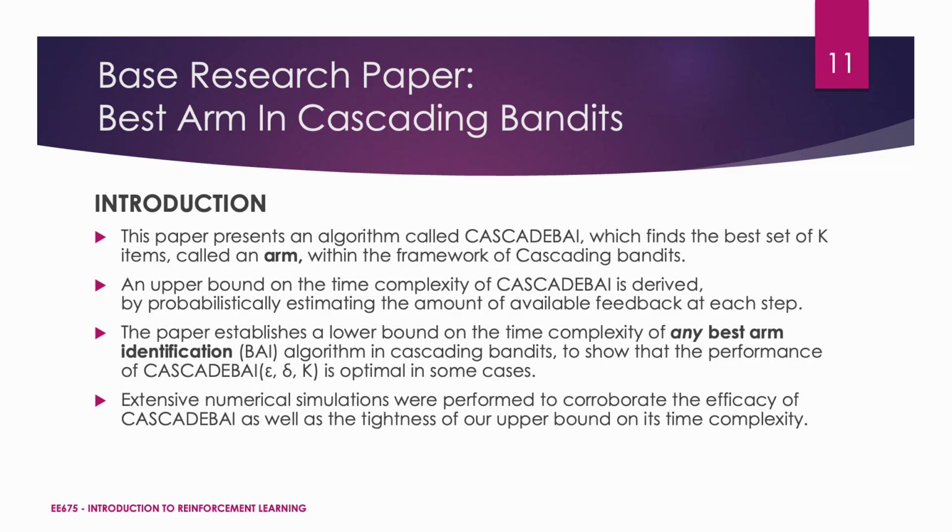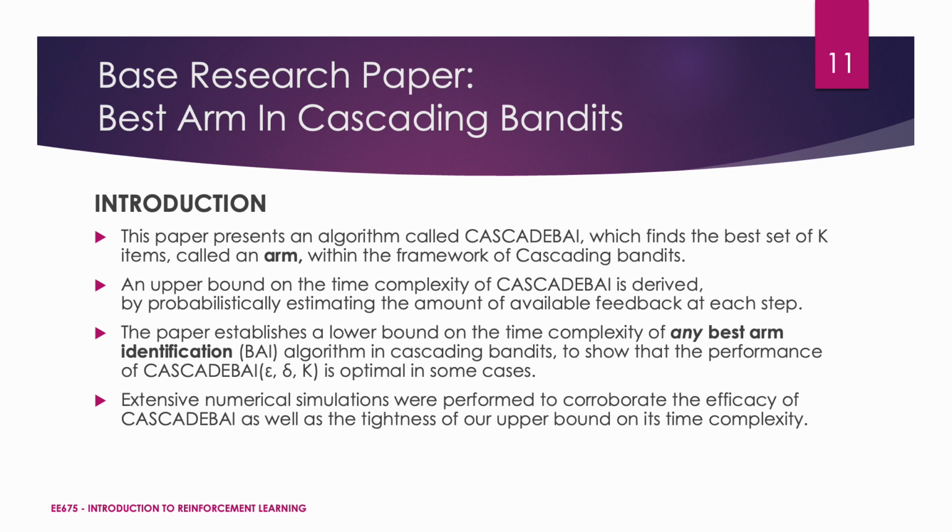This paper analyzes an algorithm called Cascade BAI, where BAI stands for Best Arm Identification. Cascade BAI is designed to identify the best set of K items, which are called an arm, within the framework of Cascading Bandits. The paper also discusses the derivation of an upper bound on the time complexity of Cascade BAI by estimating the available feedback at each step probabilistically.